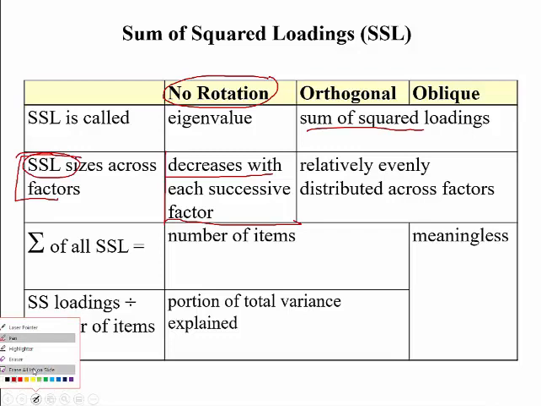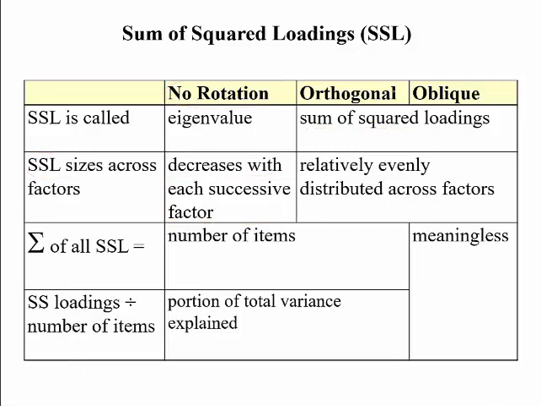But recall I mentioned a moment ago that when we do orthogonal rotation, and actually this is true for oblique rotation as well, the goal is to try to find a rotated solution that will distribute the percent of variance explained by each factor or each component. We'll try to distribute that explained variance relatively evenly, at least as evenly as possible, across your different factors.